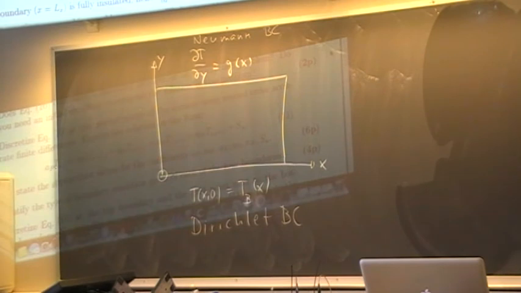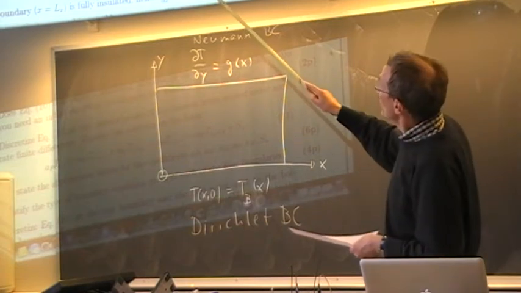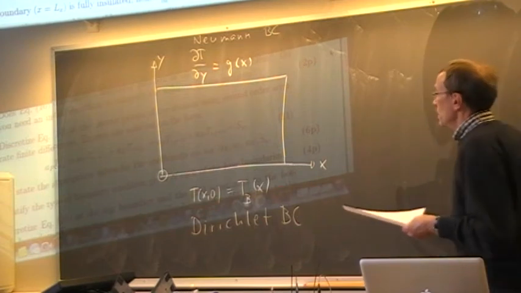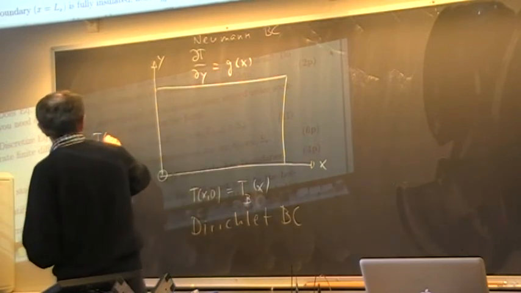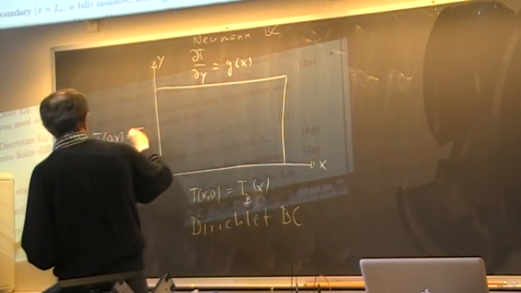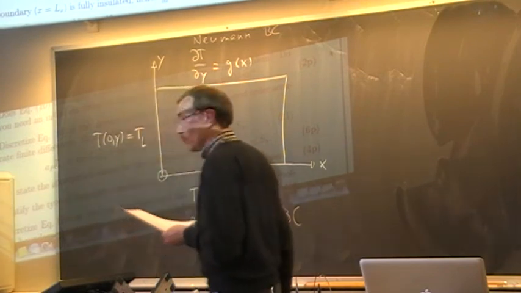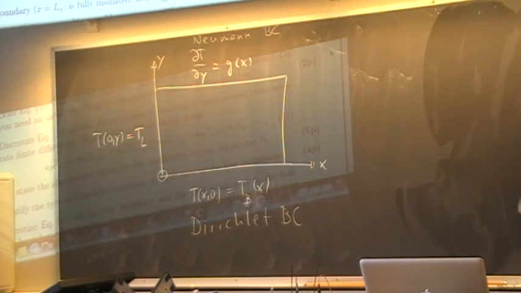So then the left boundary, there we have a constant temperature given. So T of 0, y is T left. The value is given, now you know it, so it's a Dirichlet boundary condition.